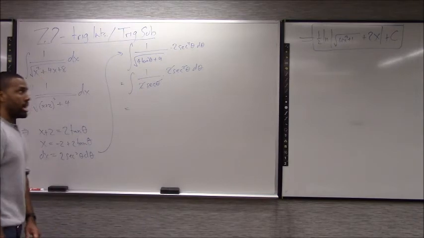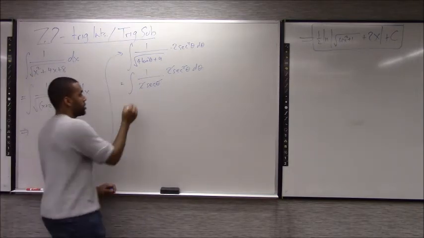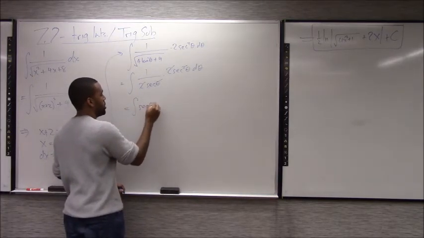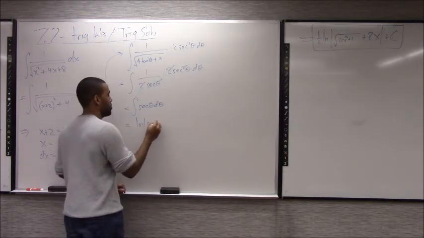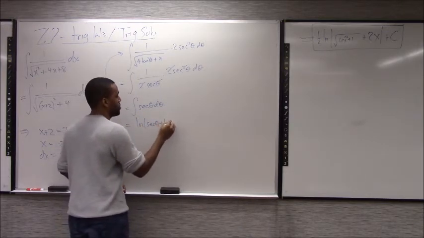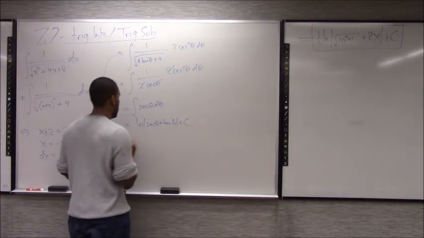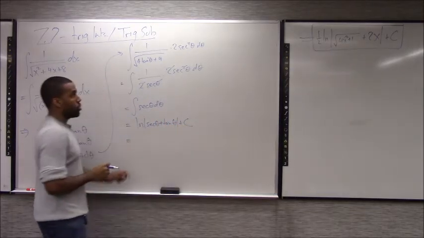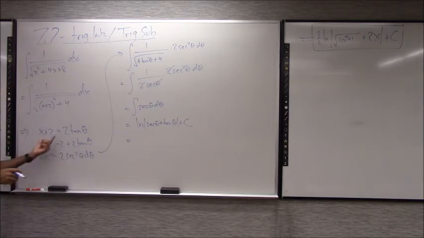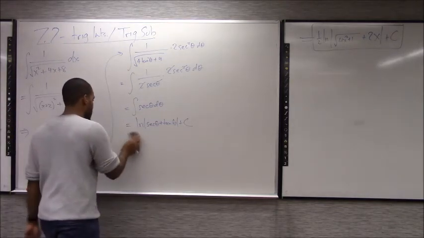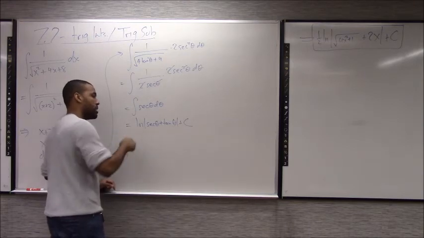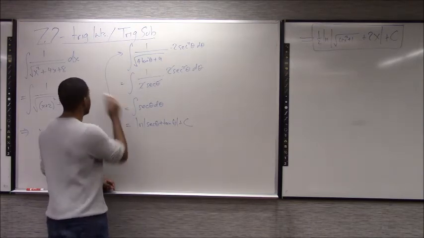Very similar to the last one, except you don't have a half. So this is just the integral of secant theta d theta. Our triangle will actually look different though, so I can't use the last answer. But that is the answer to the antiderivative.